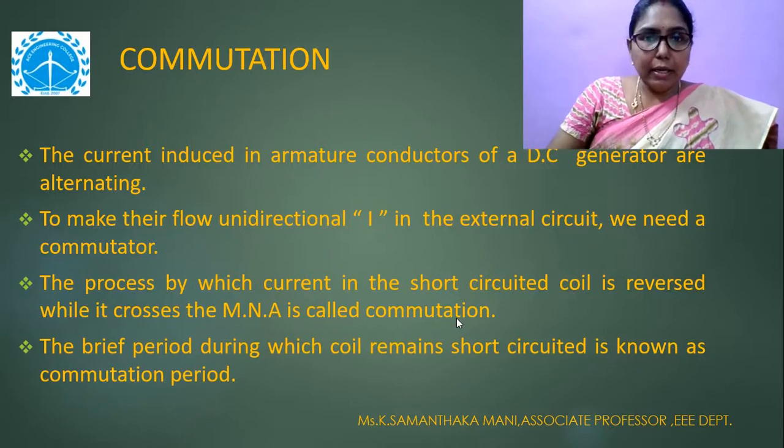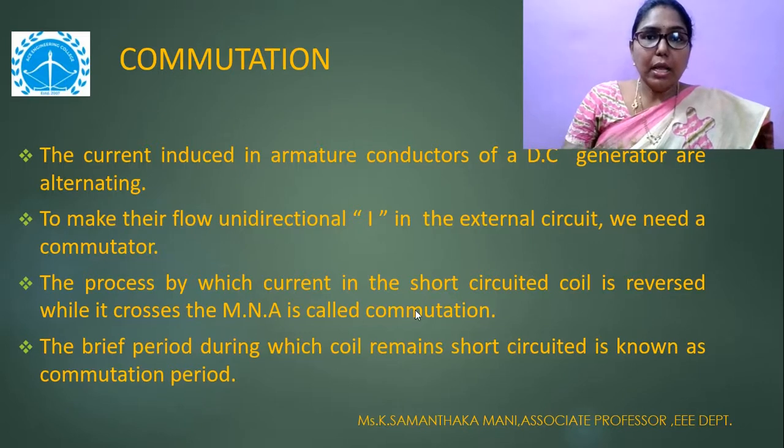It is very clearly known to us that the brushes are placed on the MNA. When the coils move with the movement of the segments, every coil undergoes a short circuit. This process of short circuit is called the commutation process.